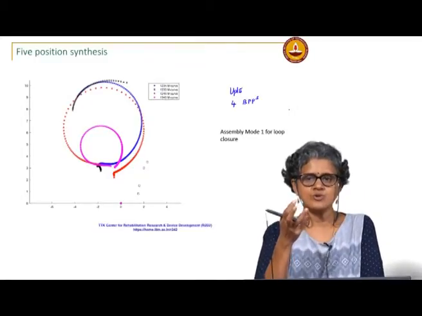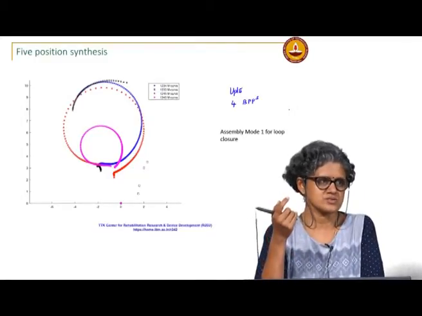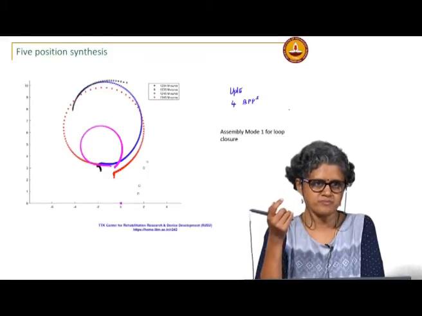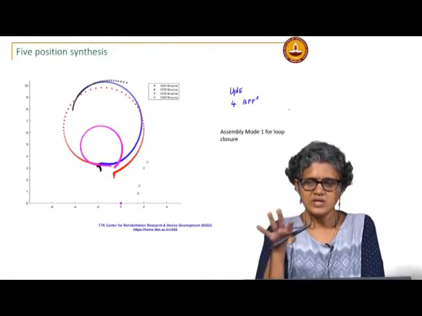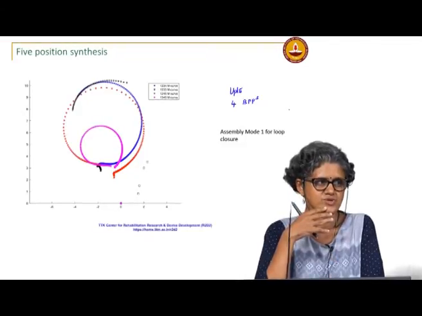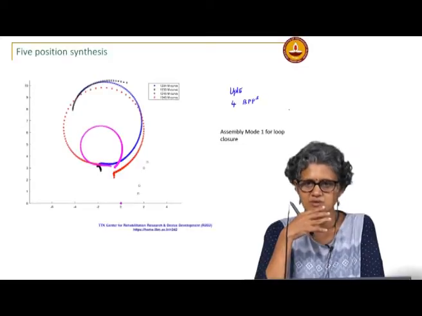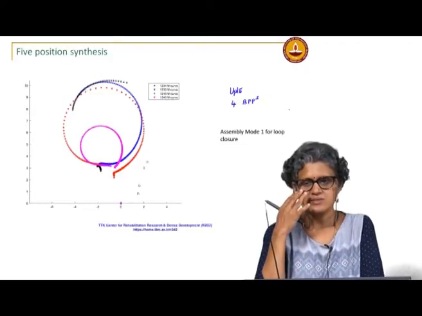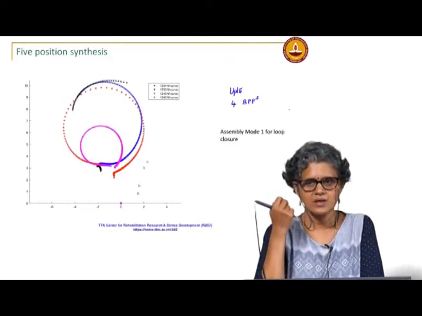So, you will have 0, 2 or 4 solutions for the 5 position problem. So, you can get 4 Burmester point pairs for solving this 5 position synthesis.